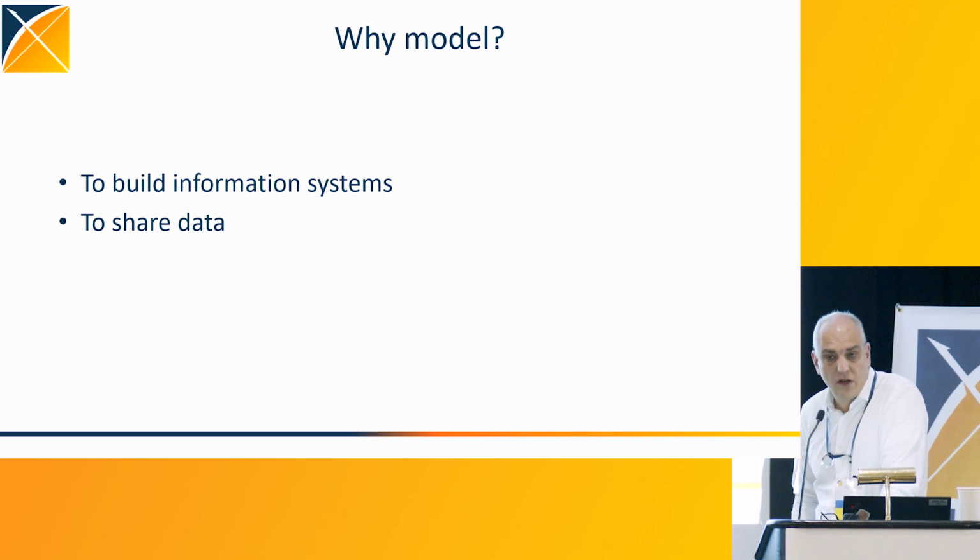There are two reasons. One is we need to build software. The other one is we need to be able to share data. Share doesn't necessarily mean they have to move, but at least we have to be able to give it to somebody, even maybe remotely, and they know what's in there. Okay? This is not us, this is everywhere.